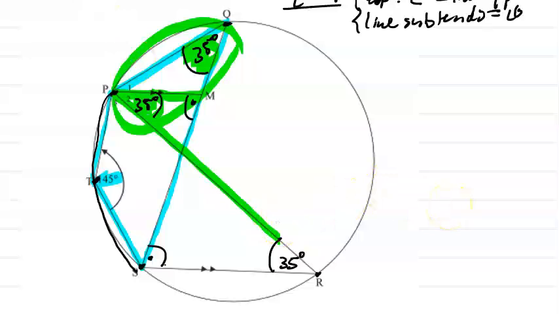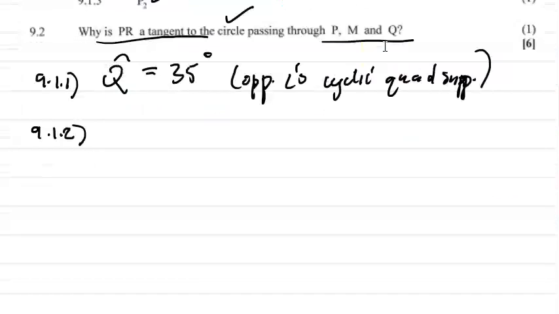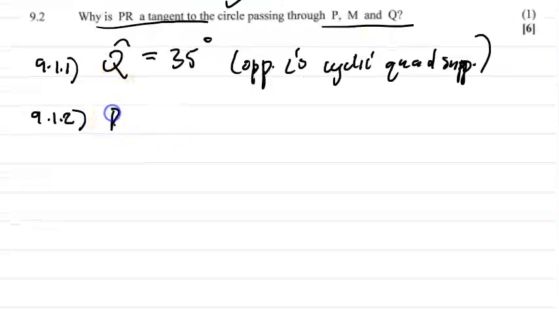So we can give one of two reasons for that one, because remember that we said that there's our cyclic quad here. That's a cyclic quad, so we were given that T is equal to 145 degrees, or we can say angles in the same segment. So we'll say R equals 35 degrees, 9.1.2.